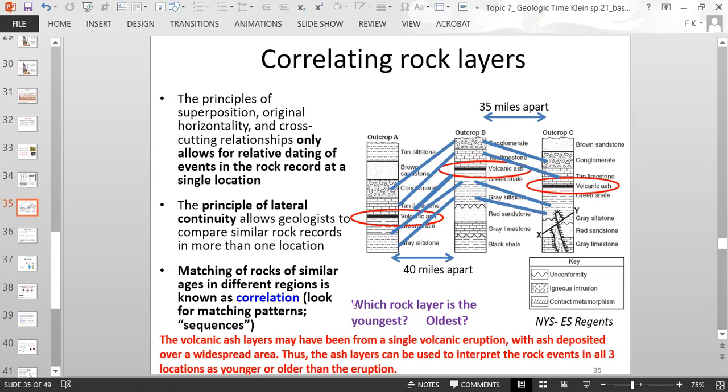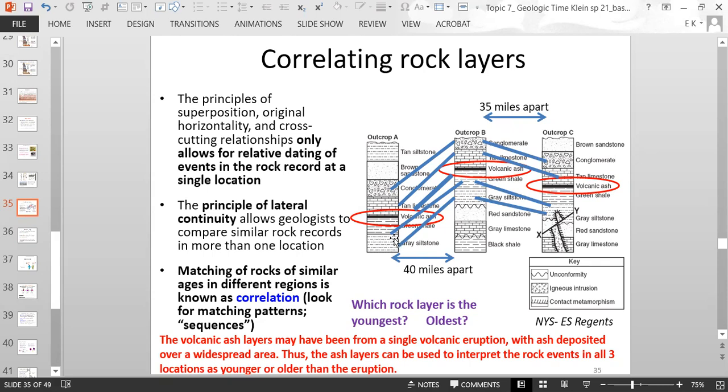So then there's a question here, which rock layer is the youngest and which is the oldest? So let's think about that. Oh, I'm not sure. I obviously know that it's the last one, like on the bottom. It's either gray siltstone, black shale, or gray limestone, but I don't know between the three. Okay, so let's start with what you said.